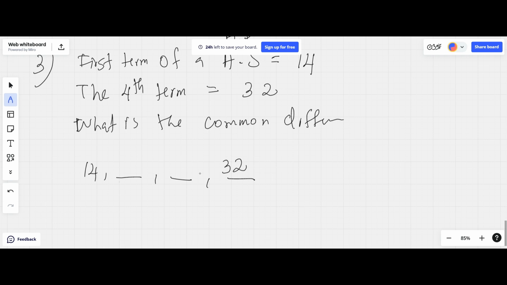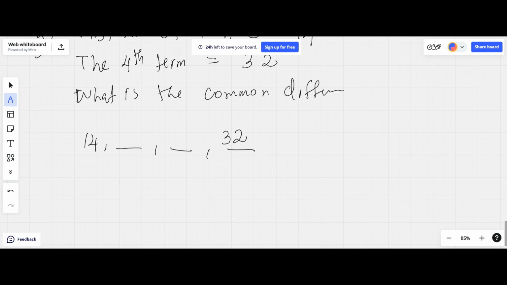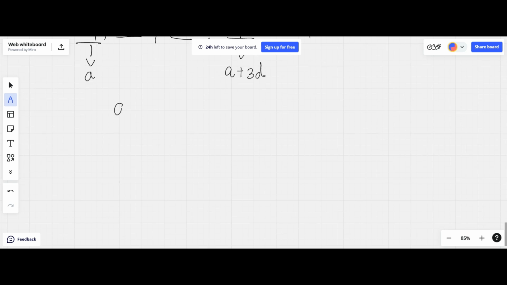So how to do this? Simple. What is the first term? It is a. So this is the fourth term. Fourth term means it would be a plus, fourth means 4 minus 1, so 3. So a plus 3d. Okay, so a is equal to 14.